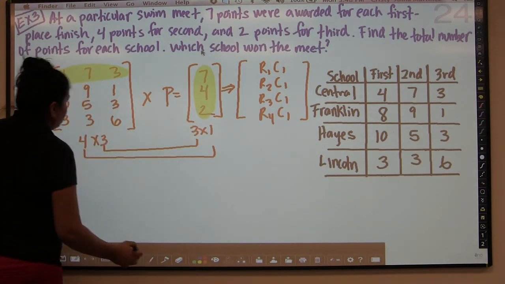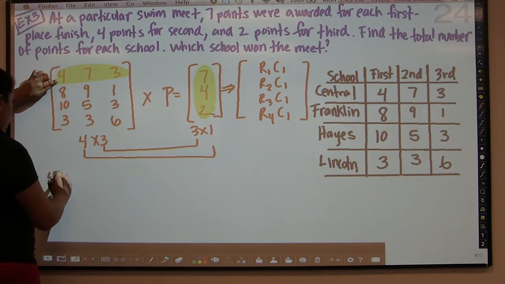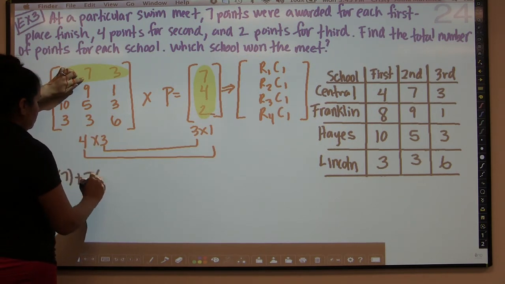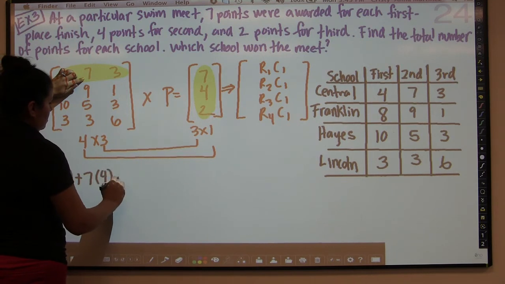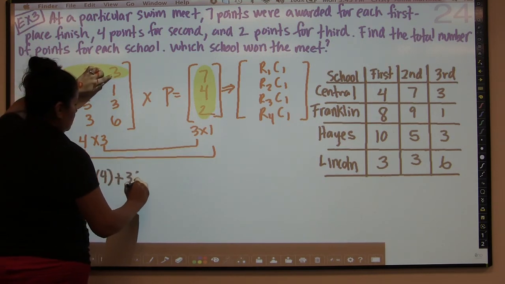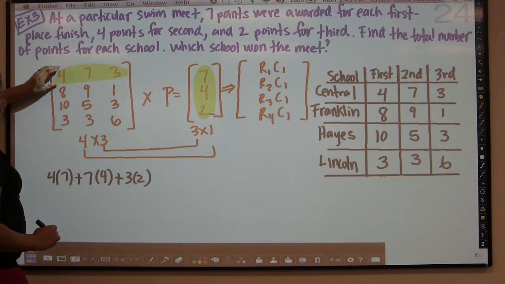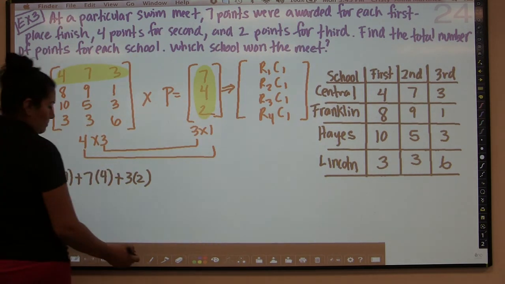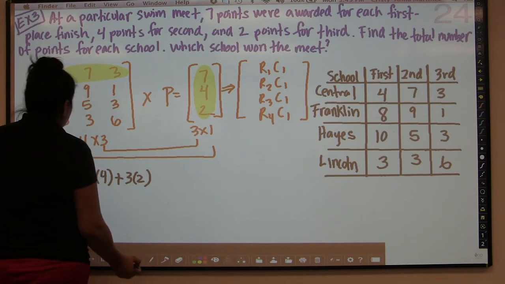So what we're going to do is take 4 times 7 plus 7 times 4 plus 3 times 2. That's taking all this row by that column. Then I'm going to do the same thing, only this time with the second row.